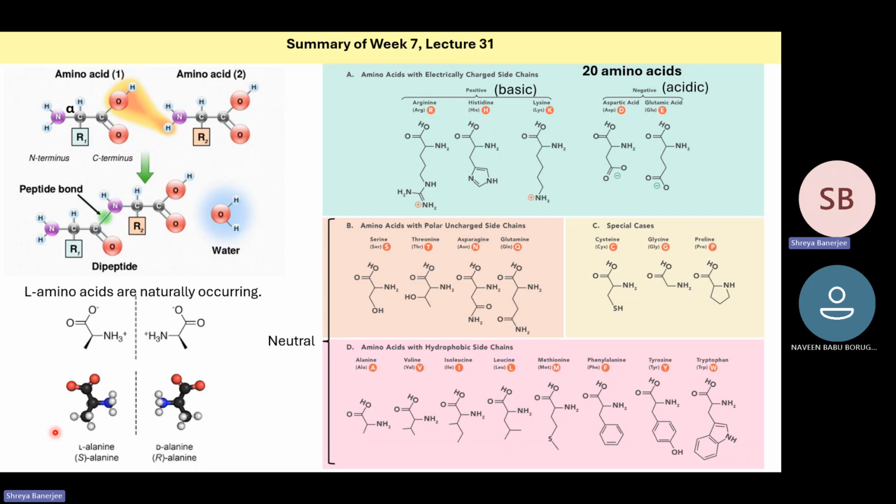Normally in nature, the L amino acid is the one which is naturally occurring. All the proteins in your body or in the food that we eat are made up of L amino acids. If we want a D amino acid, it will have to be synthetically made, because they are 2 different enantiomers and cannot be interconverted into one another.